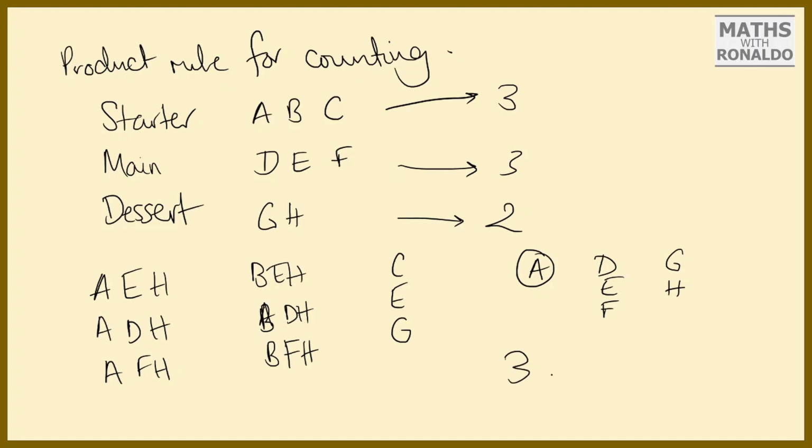Multiplying 3 choices for the starter, 3 choices for the main meal, and 2 choices for the dessert. And that gives you 18 different combinations. Sometimes it's more simple, sometimes it's less simple, but this is the product rule for counting. To work out the number of different combinations of some choices, you need to multiply the number of choices you have for each event, and that will give you the total number of combinations.